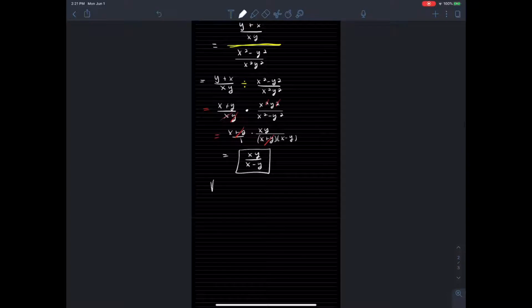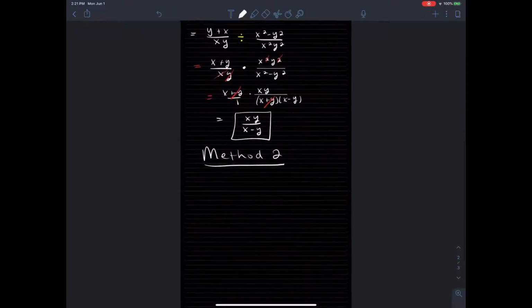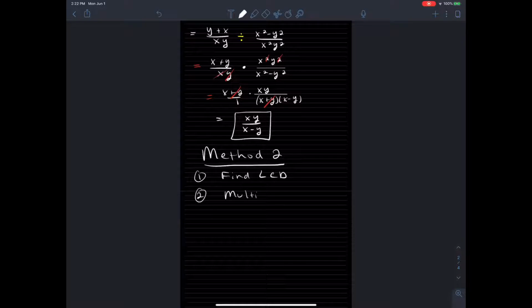Now, method 2 is the second method, and we'll do the same problem with method 2, and then maybe a couple others. Our method 2 is we're going to find the LCD. First step is find the LCD. And once we've found that, then we're going to multiply numerator and denominator by that LCD.